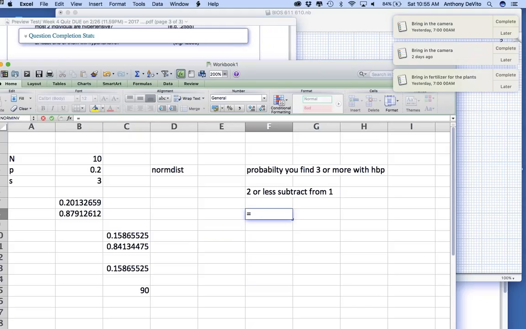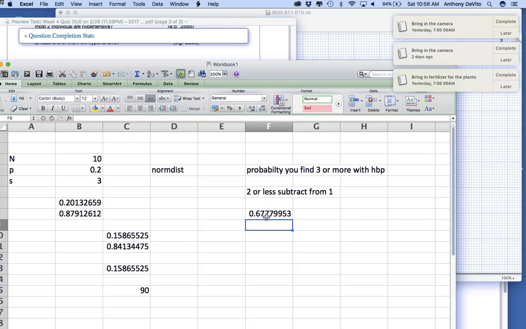Okay, so I would say equals binom dist, parentheses, number of successes is 2, comma, trials is 10, comma, the probability is 0.2, comma, and cumulative is true. So what would that give me? That would give me the probability of getting 2, 1, or 0 people out of 10 that have high blood pressure.